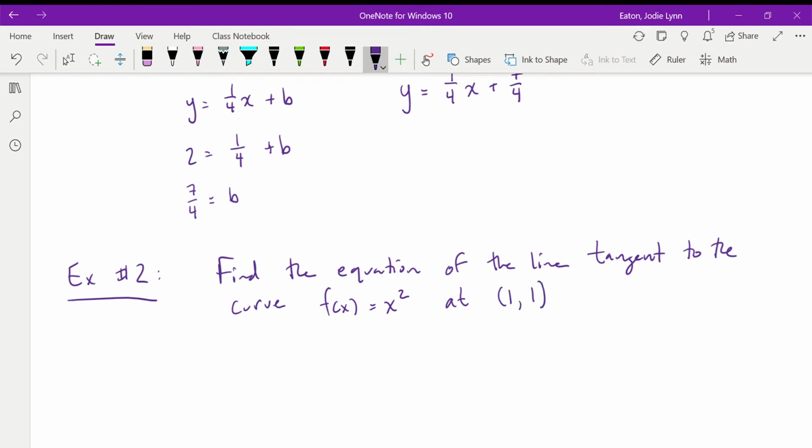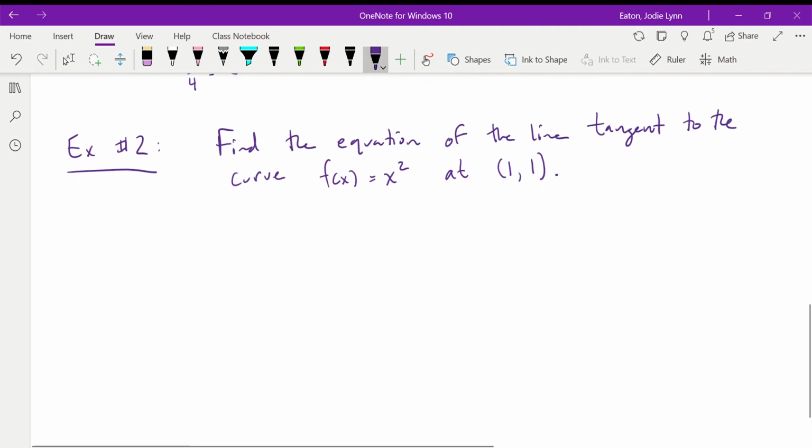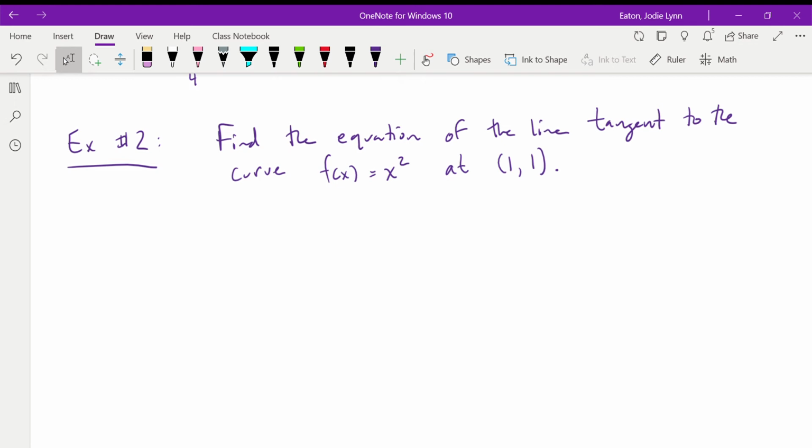Okay? So what are we going to do? Well, how do we even find what that tangent line is? So we know that it goes through exactly 1 point.